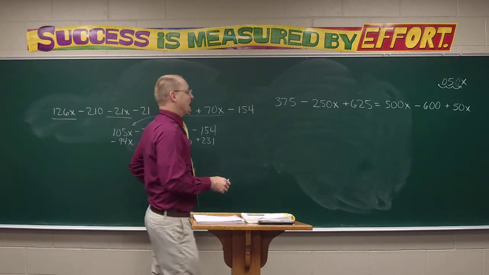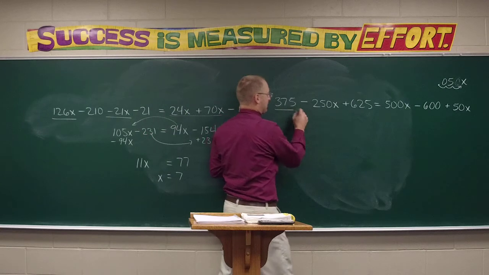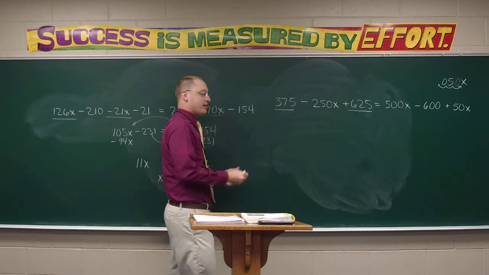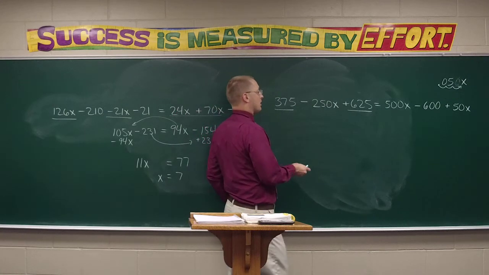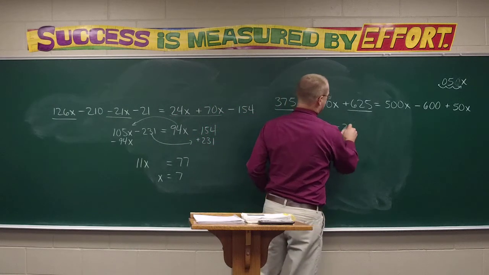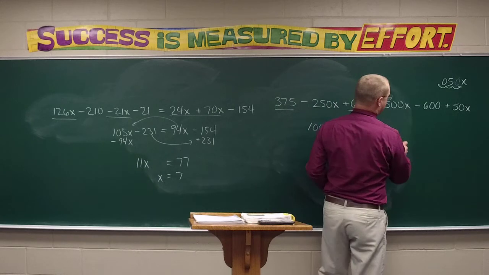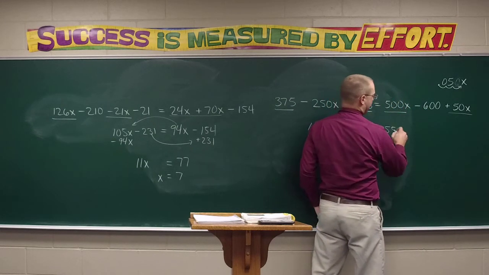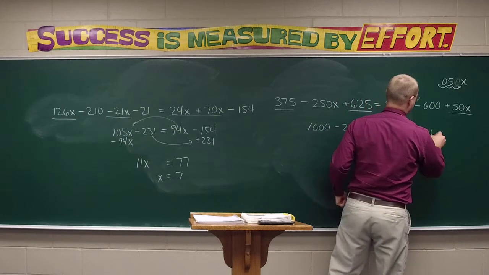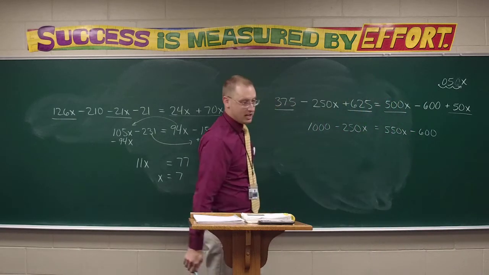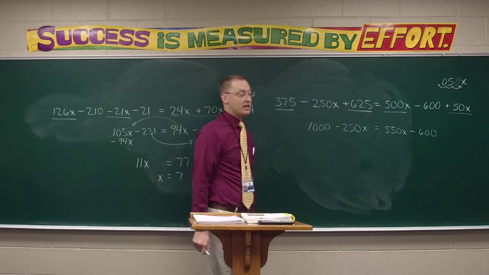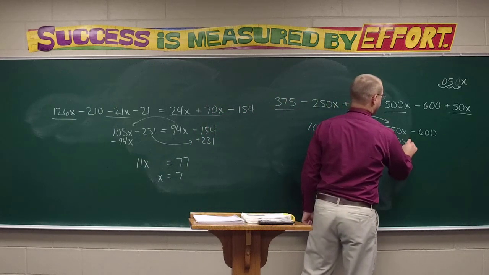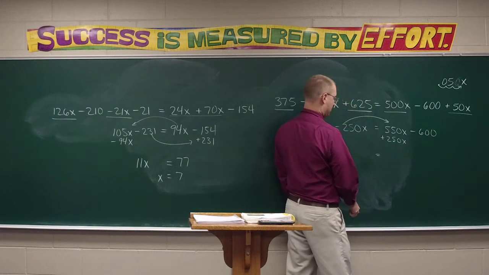Okay. So let's go ahead and combine some like terms here. I got big numbers, but it's not actually that devastating. 375 and 625 make 1,000 minus 250x. And here I can combine the x's to get 550x minus 600. And the little x here is a negative 250, so it has to move over as a positive 250x to get 800x.